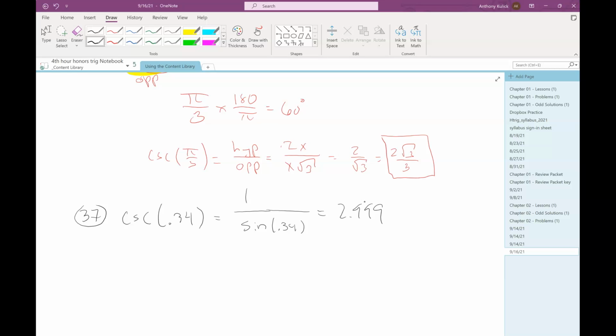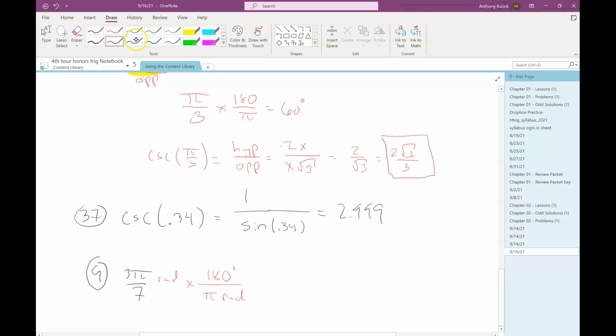So 3 pi over 7. Okay. So to convert from radians to degrees, the way I like to think about this is I know I have 3 pi over 7 radians. So I'm going to put the radians on the bottom and then the degrees on top.